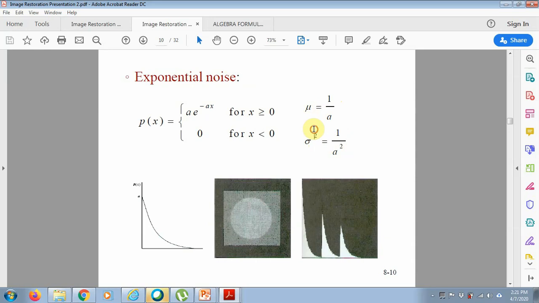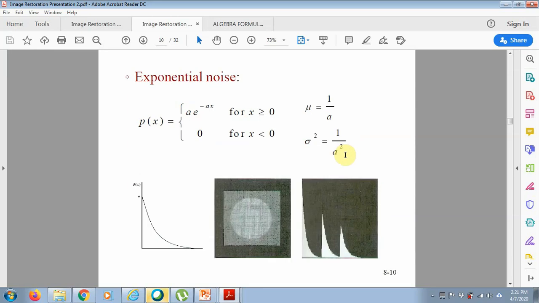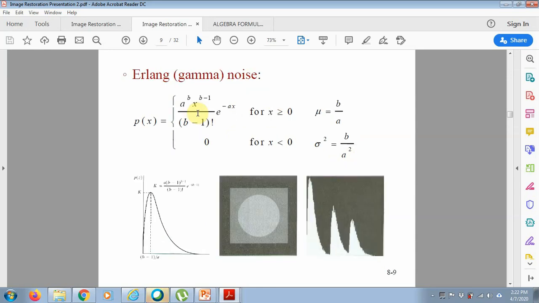For gamma it is b by a for mu, there it is 1 upon a, and sigma square is b upon a square, there it is 1 upon a square for this exponential. As it is exponential, it should contain the exponential term. Okay.